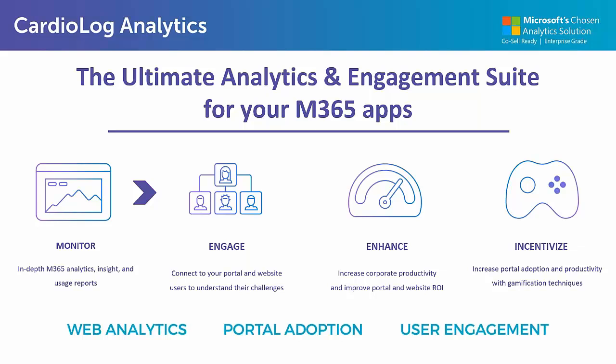Our customers realize that understanding usage analytics is often simply not enough. They wanted a way to take action based on the insights gained from monitoring their portal usage. And then enhance. We want to make sure we're constantly improving SharePoint and Microsoft 365 based on these pillars. The idea is to have actionable metrics, which allow us to constantly make SharePoint better for our users by increasing corporate productivity and improving portal ROI.